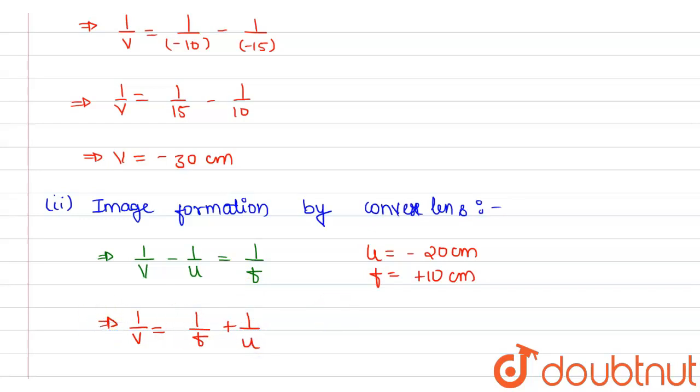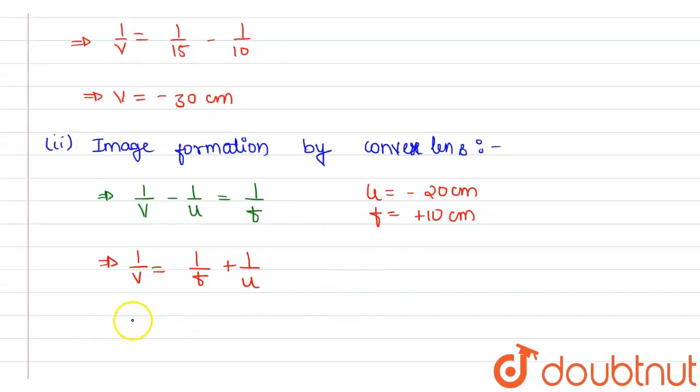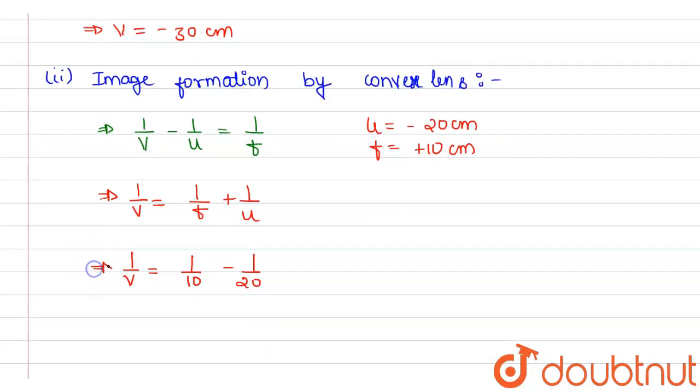Putting these values in the formula, 1 by v is 1 by 10 minus 1 by 20, so we can easily say v will be simply 20. So v is 20 centimeters, and it is positive.